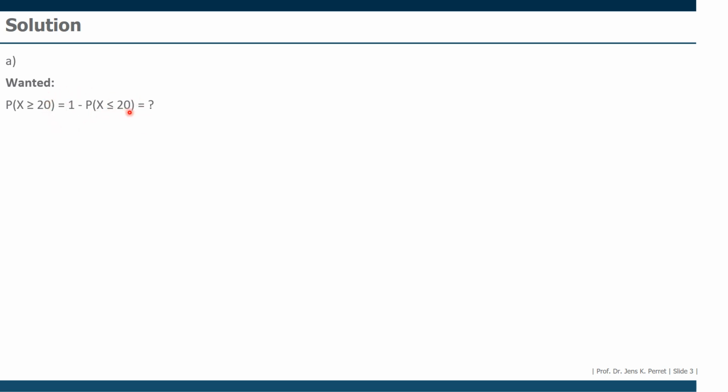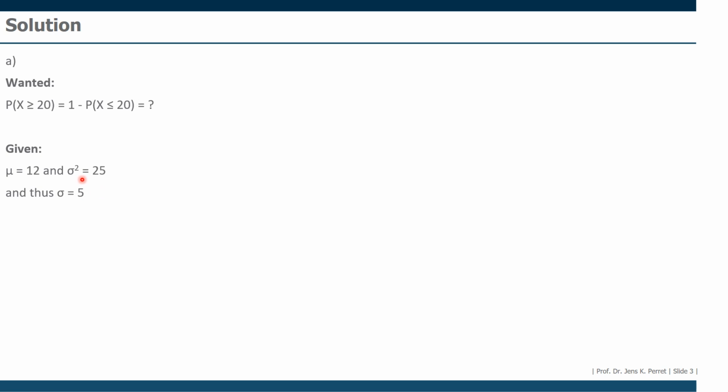So we have our test value 20 here, and from the exercise we also know that the mean is 12 and that the variance is 25. We're not needing the variance here, we need the standard deviation, so we can simply take the square root of 25, giving us a standard deviation of 5.